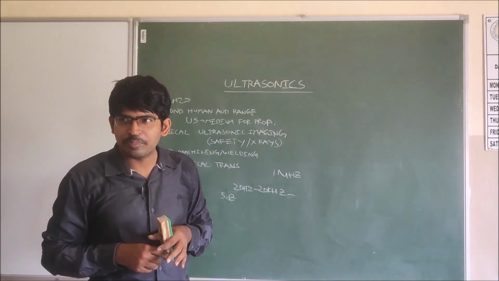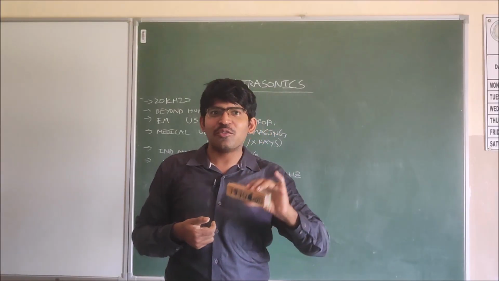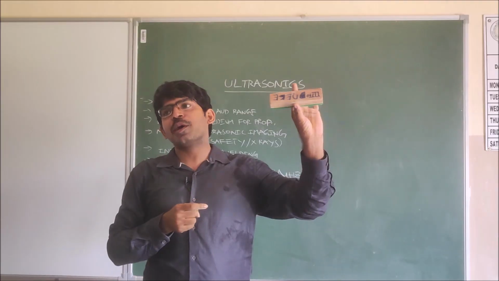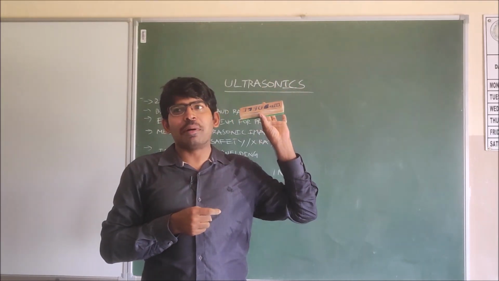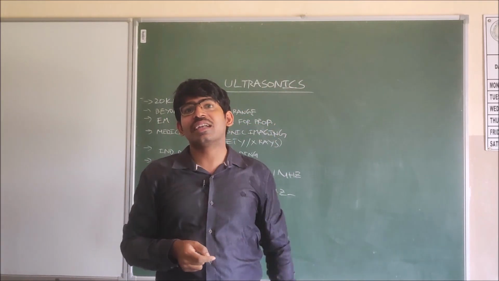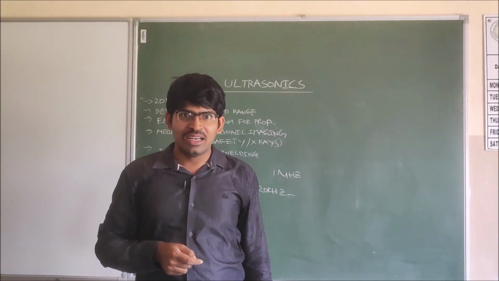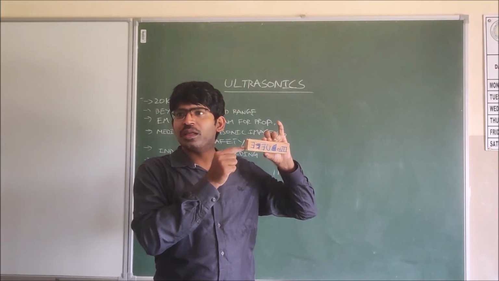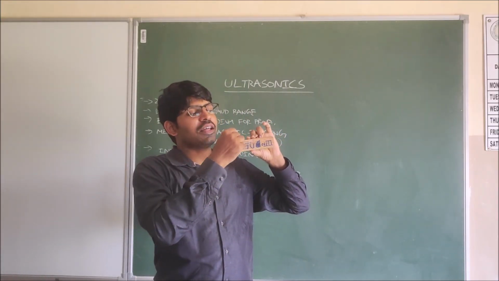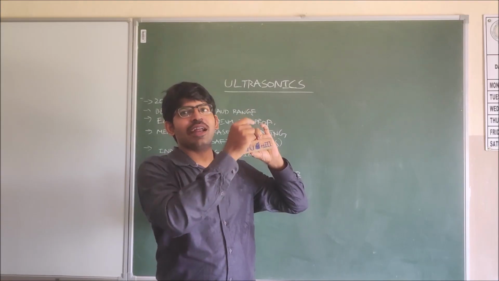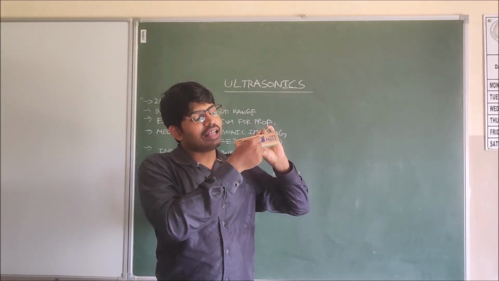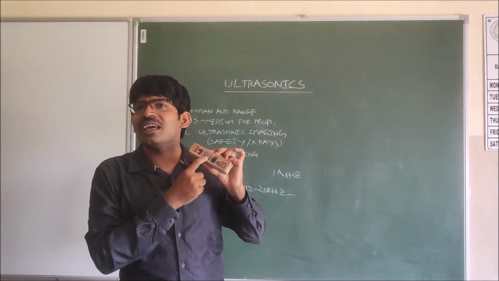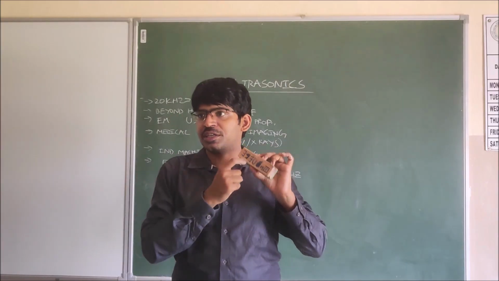Similarly, by using ultrasonics, we can find a defect. Outside it may look fine, but inside there is a defect. That is called flaw detection, and we can do it using ultrasonics. We send the wave. If there is no flaw, the wave goes through the entire object. If there is a flaw, the wave reflects from that point, indicating a flaw in the object.